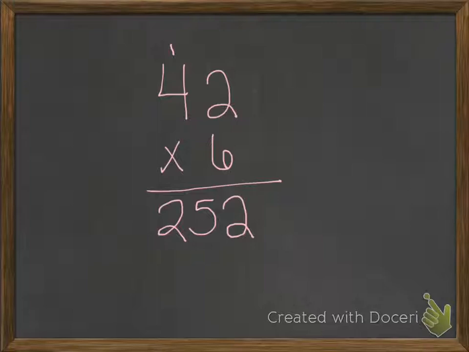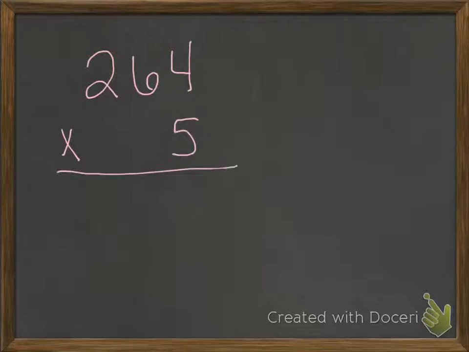Let's try another one. The next problem we'll look at, 264 times 5. Again, notice that everything is lined up on the right hand side. Starting with 5 times 4, that gives us 20.